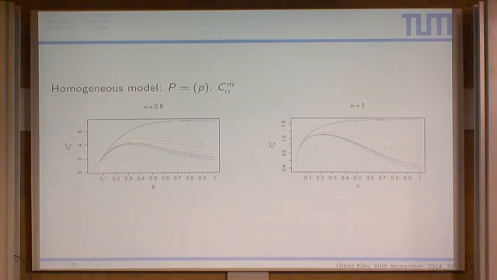So in the case of alpha 0.8 and alpha 3, you again don't see a qualitative difference between these two cases, as you have seen on the previous slide. So the different colors here are just different norms, right? And it turns out that if you take the norm to be sufficiently convex, then risk sharing is also beneficial in that case of infinite mean models in the multivariate sense.